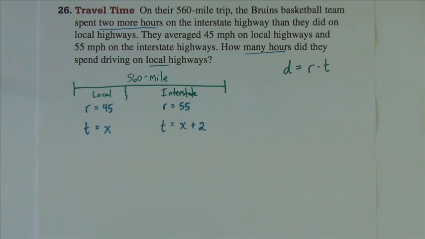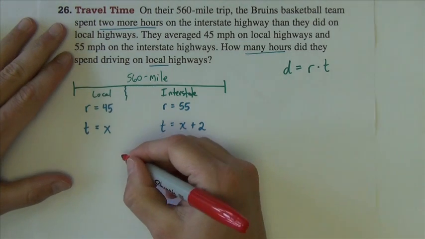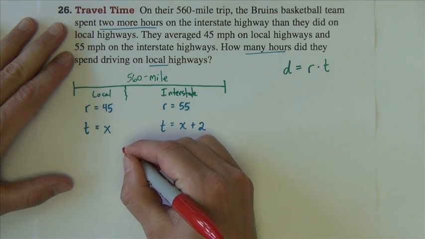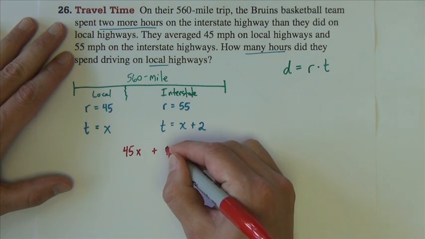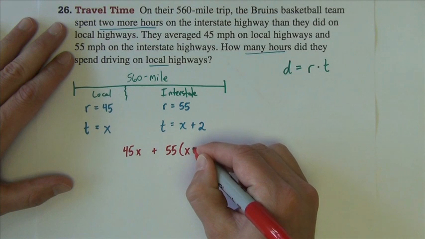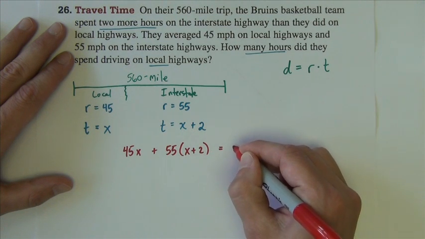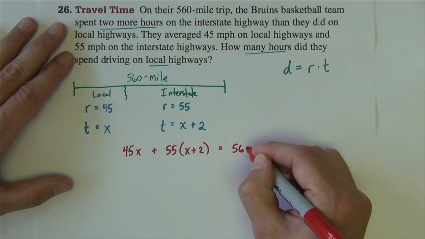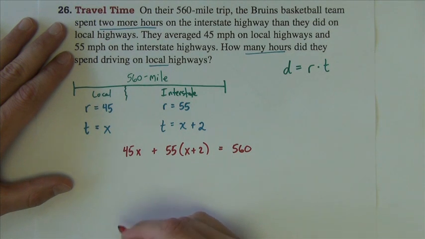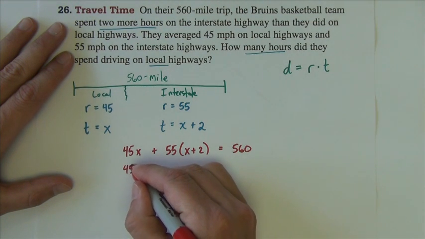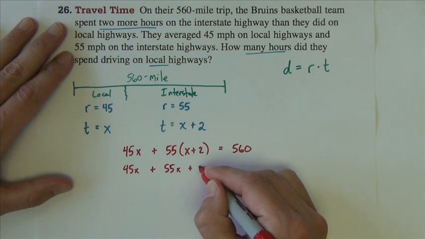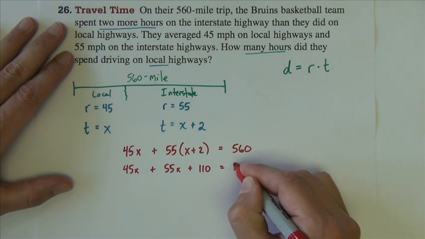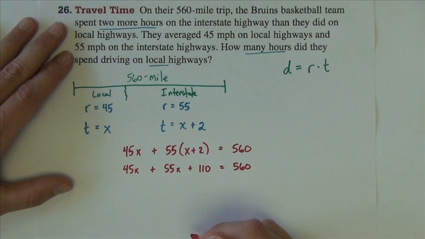Okay, so I get the following equation. I get 45x plus 55 times x plus 2 equals a total distance 560 miles. Let's solve this equation. 45x plus 55x plus 110 is 560.